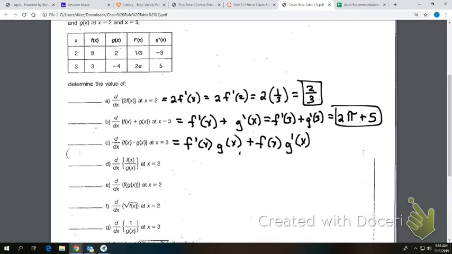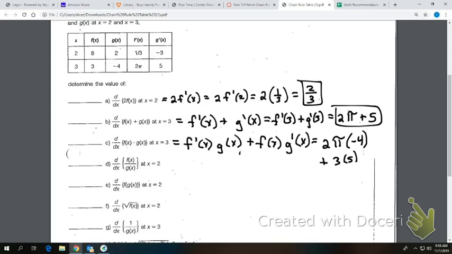So you're going to find f prime of 3, 2 pi times g of 3, which is negative 4, plus f of 3, which is 3, times g prime of 3, which would be 5.